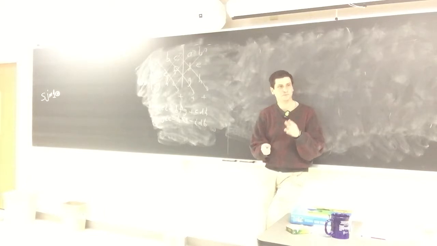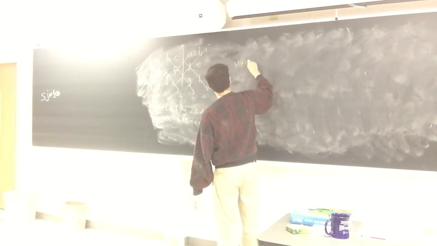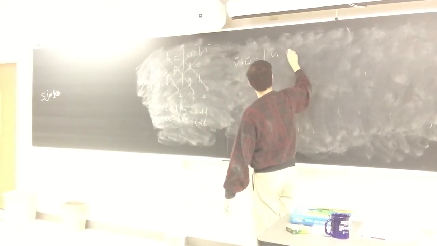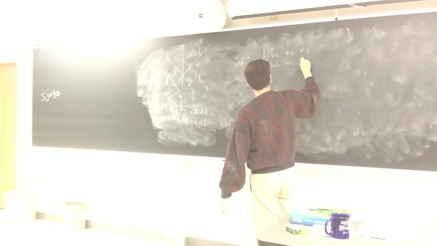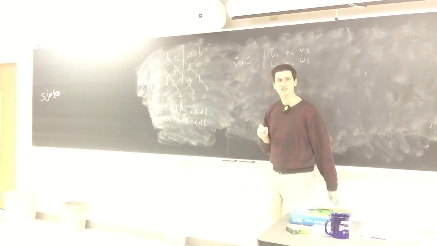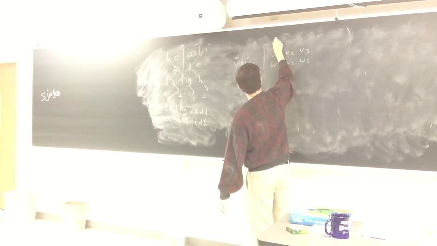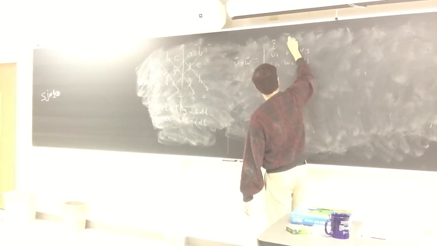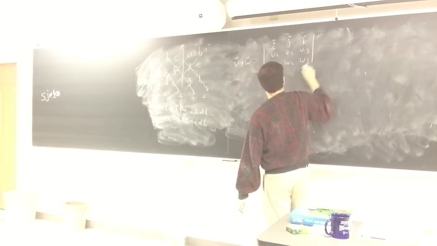So what we're going to do is for the cross product, V cross W is equal to the determinant V1, V2, V3, W1, W2, W3. Then here's the part that's a little bit illegal. I'm going to put in the first row the unit vector in the x direction i, the unit vector in the y direction j, and then the unit vector in the z direction k.